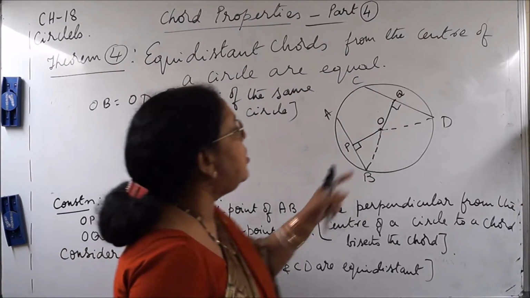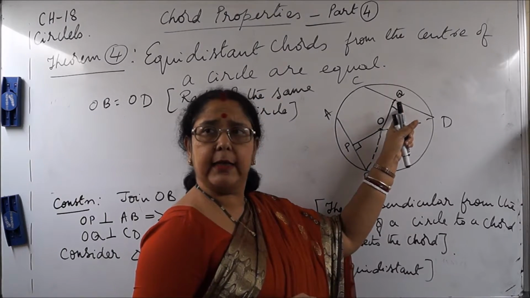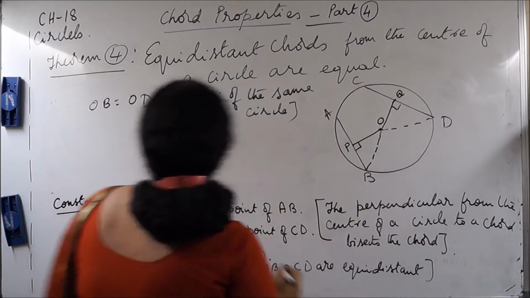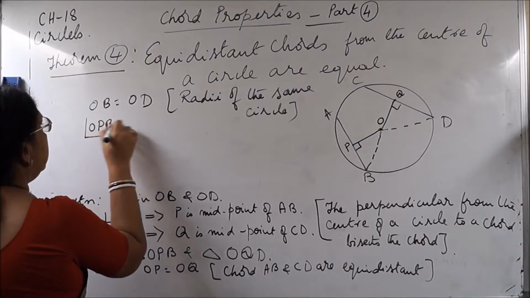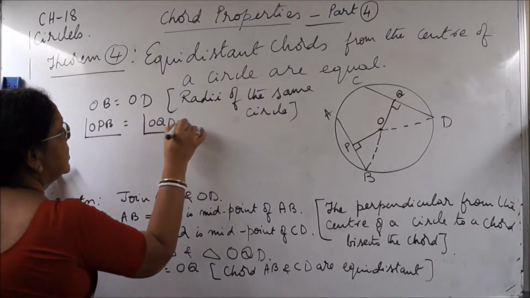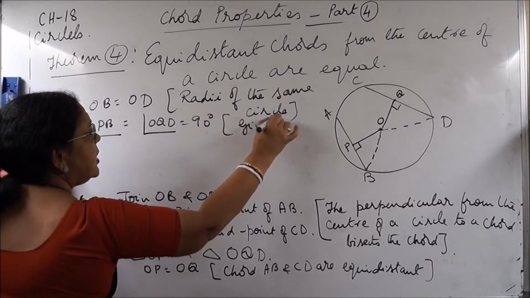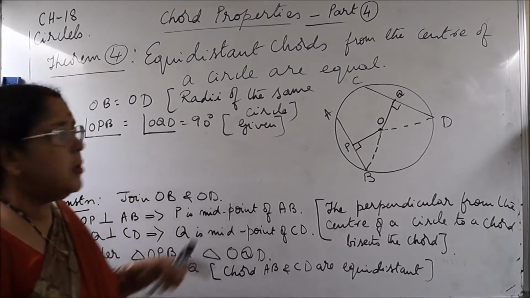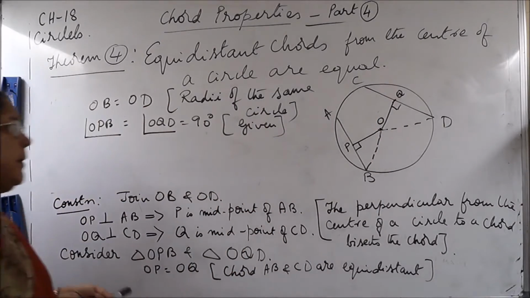And we also know OP is perpendicular to AB, so this angle is 90 degrees, and this angle is also 90 degrees. That is, angle OPB is equal to angle OQD is equal to 90 degrees, because we are already told equidistant chords. Equidistant means the perpendicular distances, so they are perpendicular.